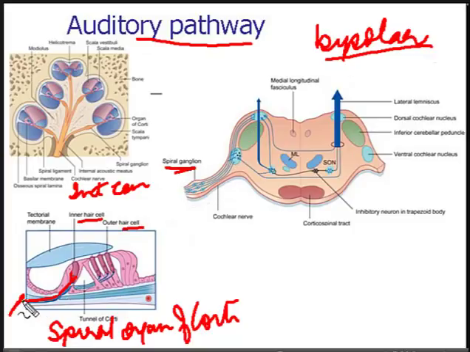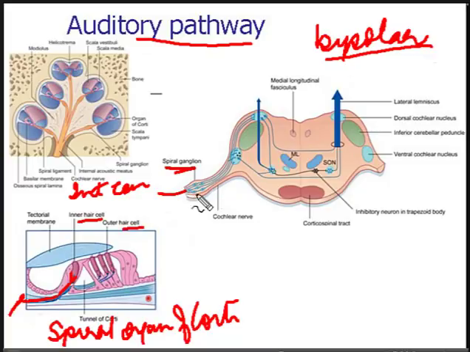So this process is coming into the spiral ganglion, has its cell body here, and then it passes in through the cochlear nerve. It gets into the medulla. So this spiral ganglion has bipolar neurons.